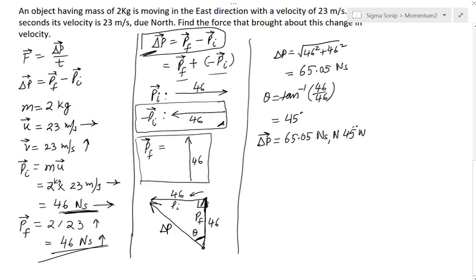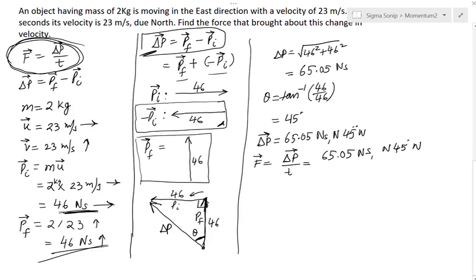Now once you got the delta P, we can now use the very first equation to find F. So F is equal to delta P over t. So delta P is 65.05 Newton second north 45 degree west, divided by time, which is 3.1.